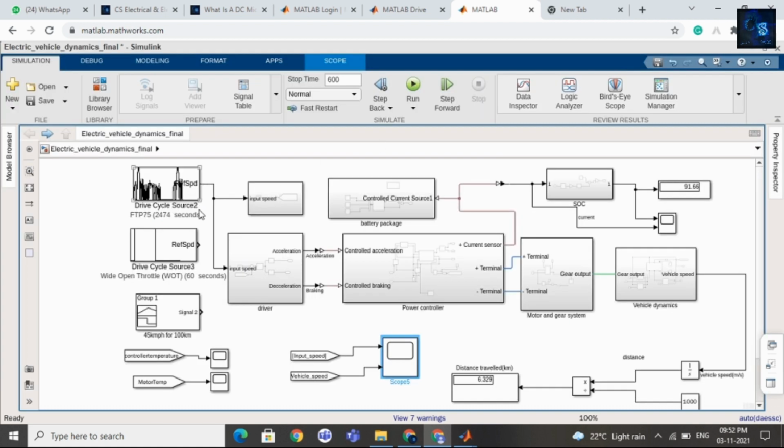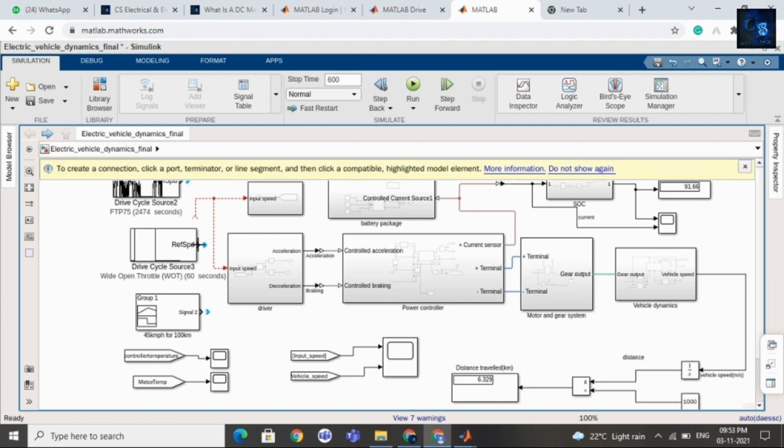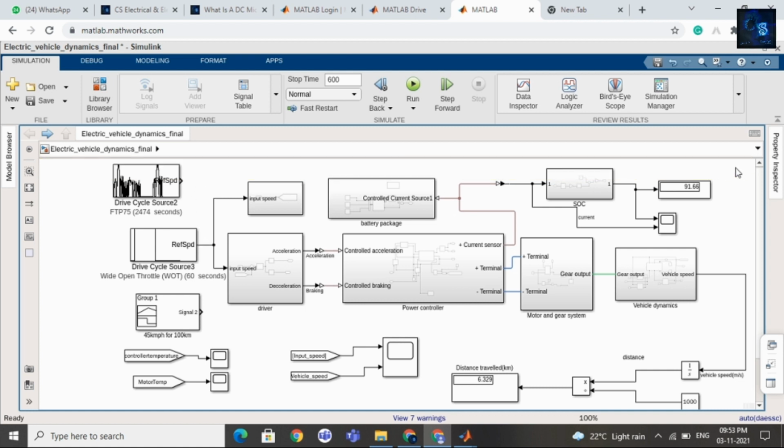Let me connect source 2. In this source the acceleration will be for a few seconds.